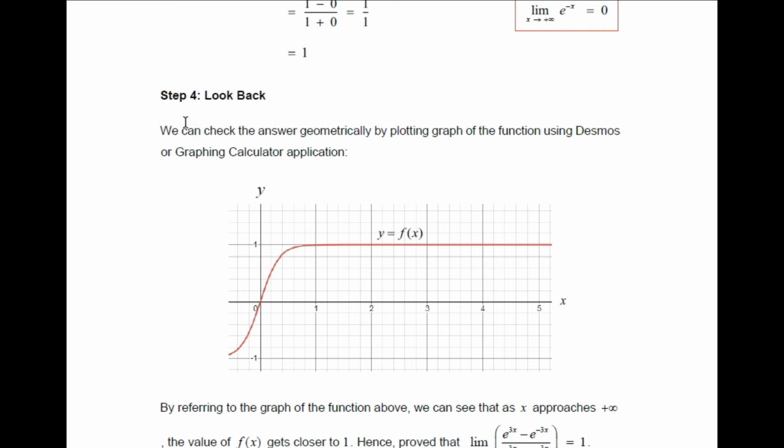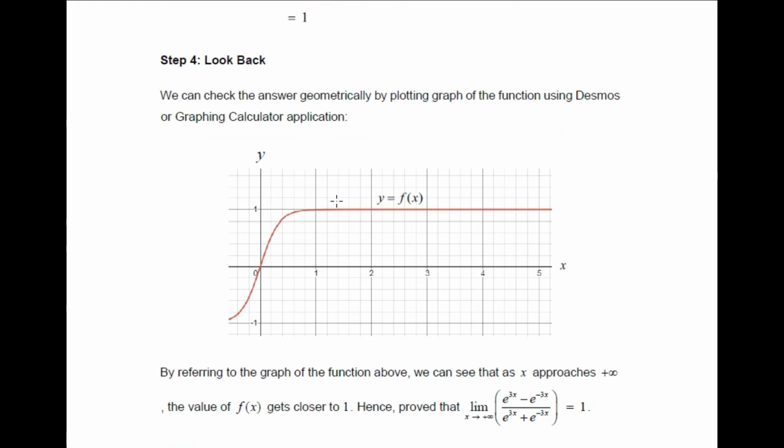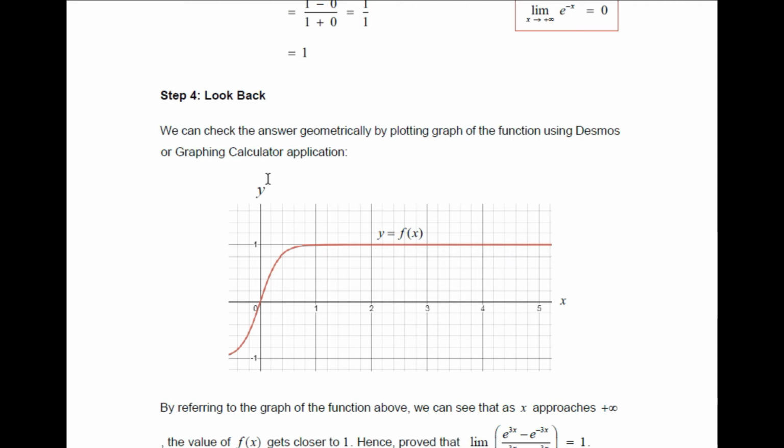And to check the answer in step 4, we can check geometrically by plotting the graph of the function using Desmos or a graphing calculator application. And when we use this application, we can get the graph of the function.